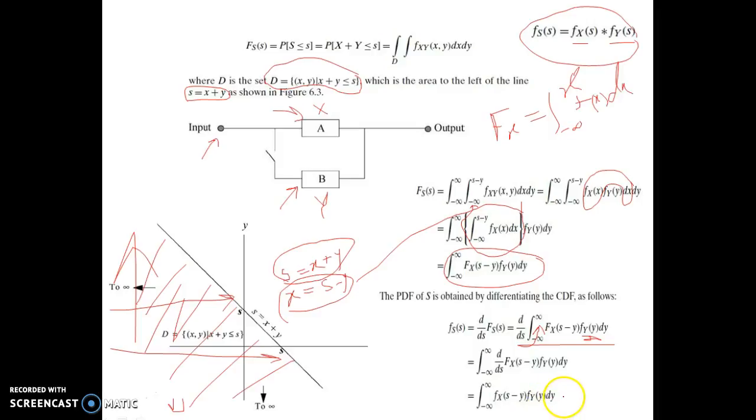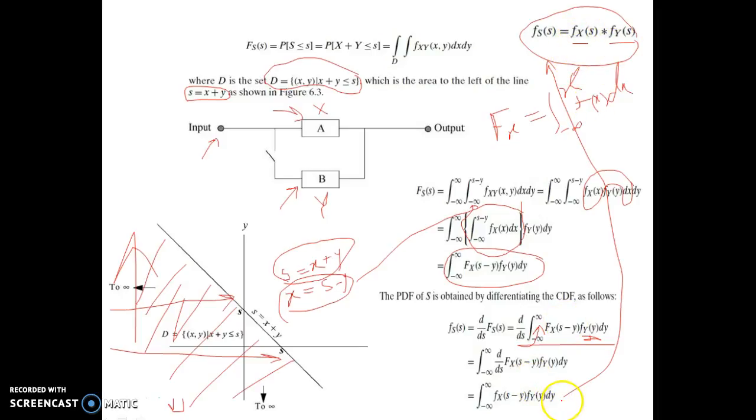So this is nothing but the definition of linear convolution. That is, f of x is reflected and then shifted. It is reflected in terms of x and shifted along the y axis. This is nothing but the convolution of the PDF of x and the PDF of y.